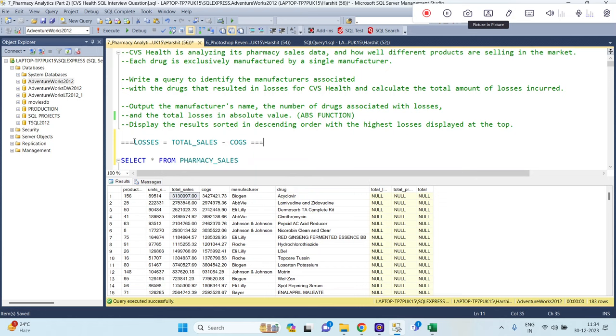And if this amount comes in minus sign, then we will consider it as a loss. Right. Now we have to output the manufacturer name, then the total number of drugs associated with the losses.